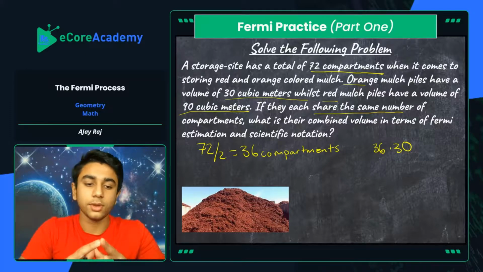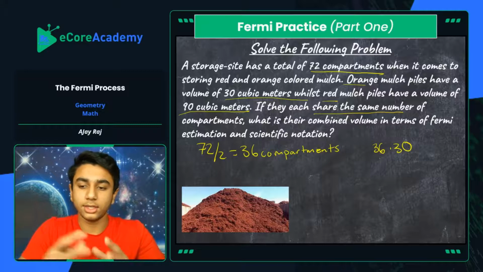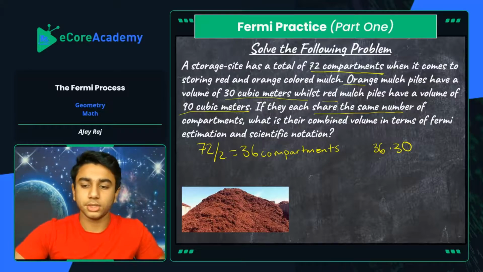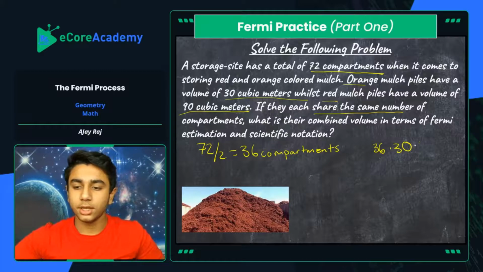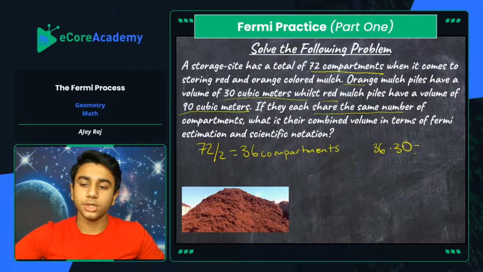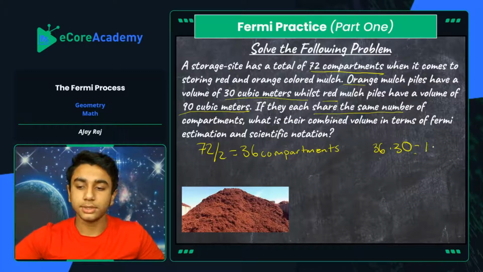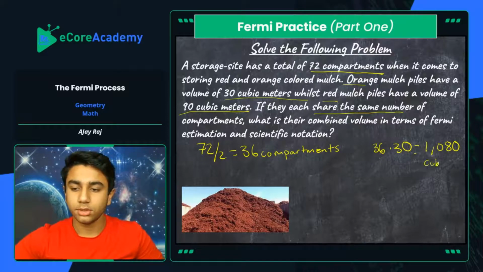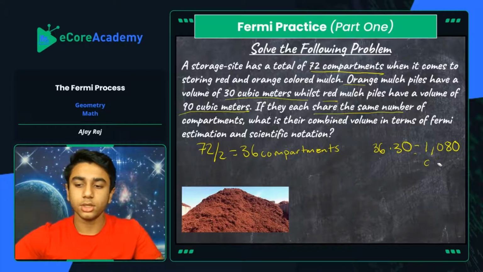Then you'd multiply those values out to get 9 times 10 to the first. Sorry, no, 9 times 10 to the second. I apologize. Calculating exactly, 36 times 30: 30 times 30 is 900, 6 times 30 is 180, so we get 1080 total cubic meters.